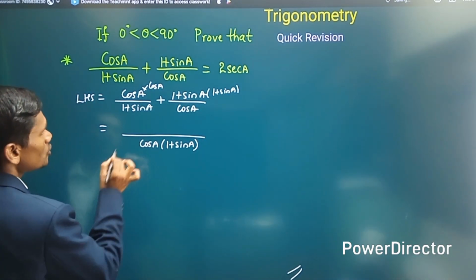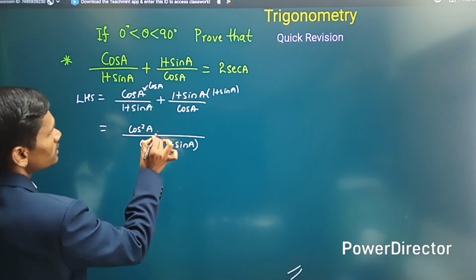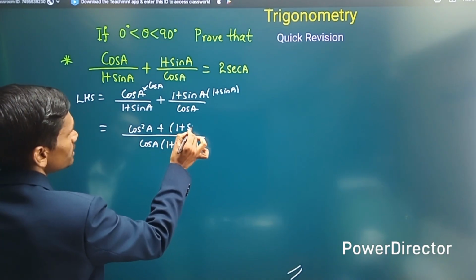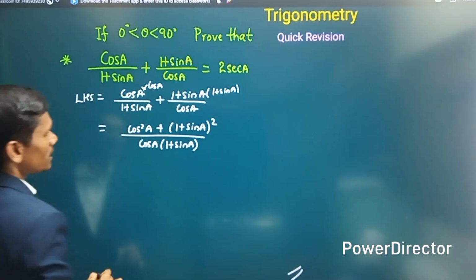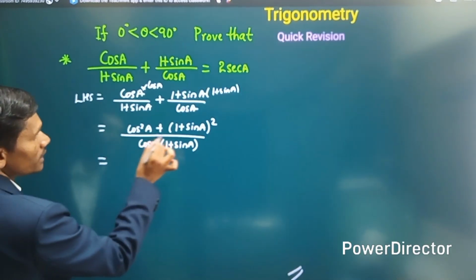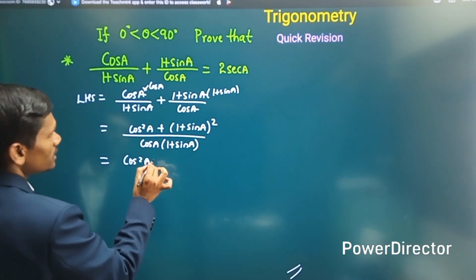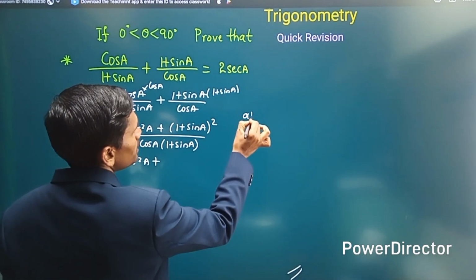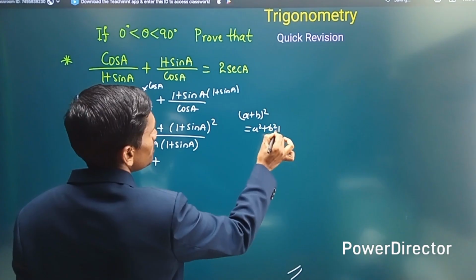If you multiply this, you get cos square A, plus this and this, if you multiply, what do you get? (1 plus sin A) whole square. Now what we will do is write cos square A as it is, plus, if you split this, it is (A plus B) whole square, which will be equal to A square plus B square plus 2AB.